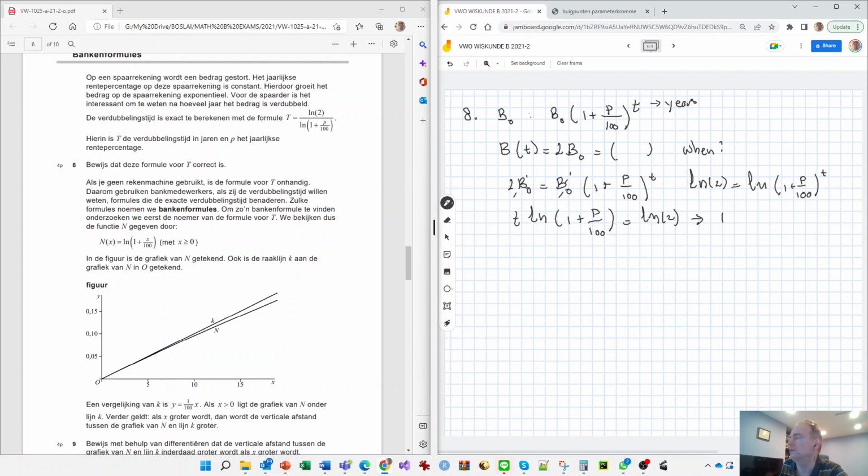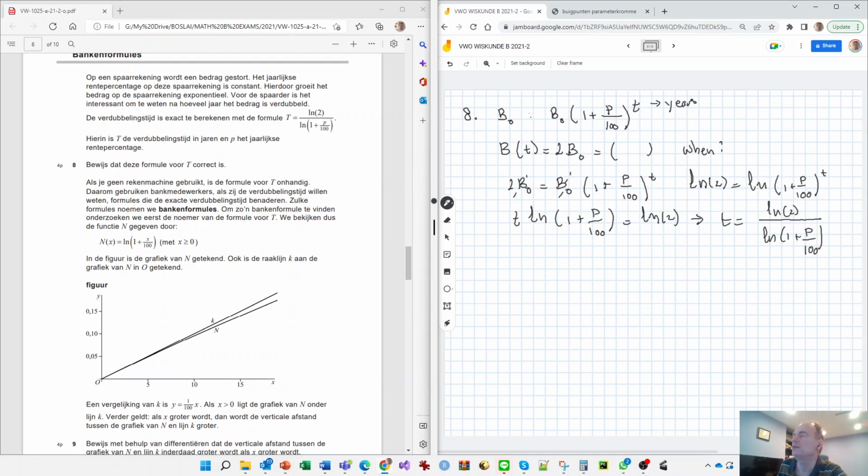Okay, so I get log 2 divided by that whole thing again. Not too difficult.